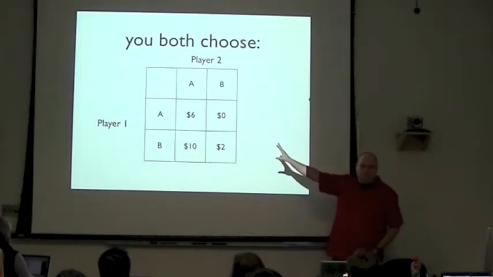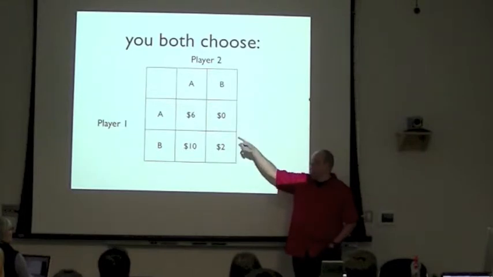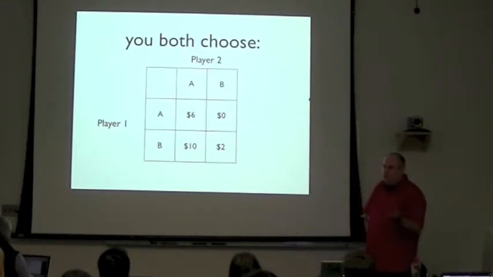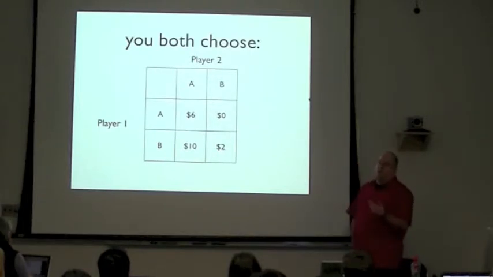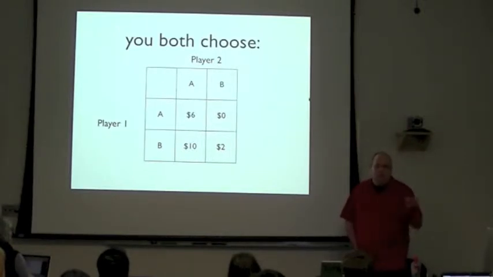You always read this table to the left, so the player on the left receives what's in this matrix. If both players decide to choose B, then both players would receive 2. If they choose A and B, then the player who chooses A gets nothing, and the player that chooses B gets 10. Very easy.